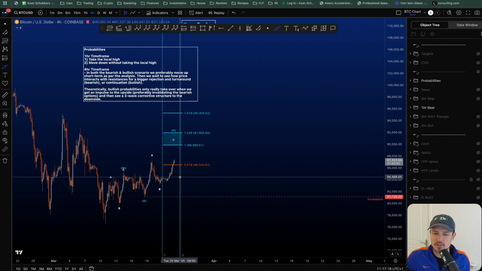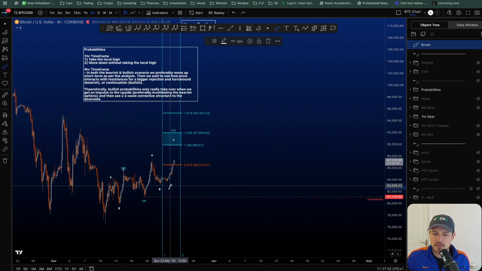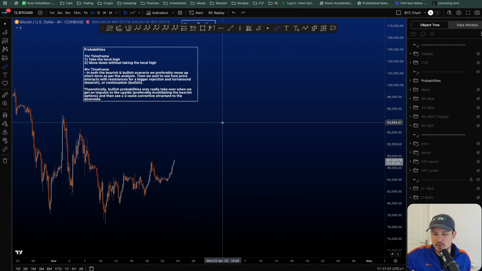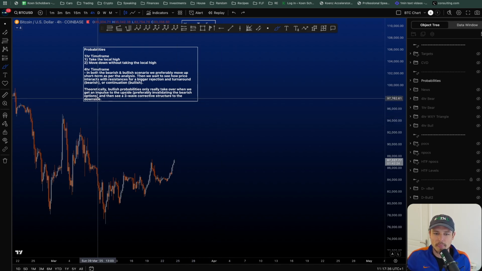But even in the bearish scenario, the double zigzag WXY, we want to see a wave C, which is a 1, 2, 3, 4, 5-wave structure. So if this is the low of B, we still want to see a bit more upside to come, and then observe the reaction of price at the different resistance areas.